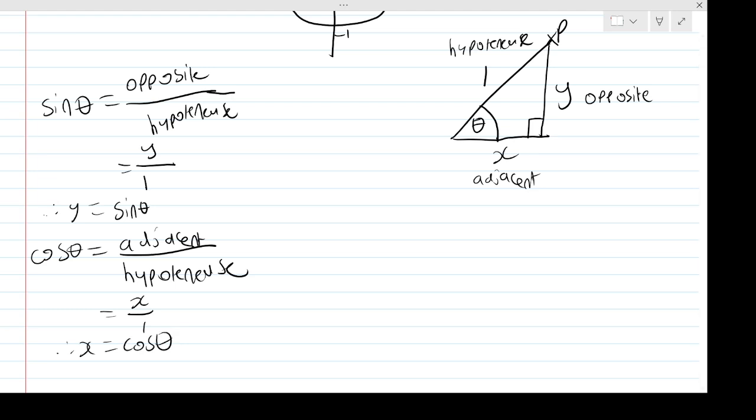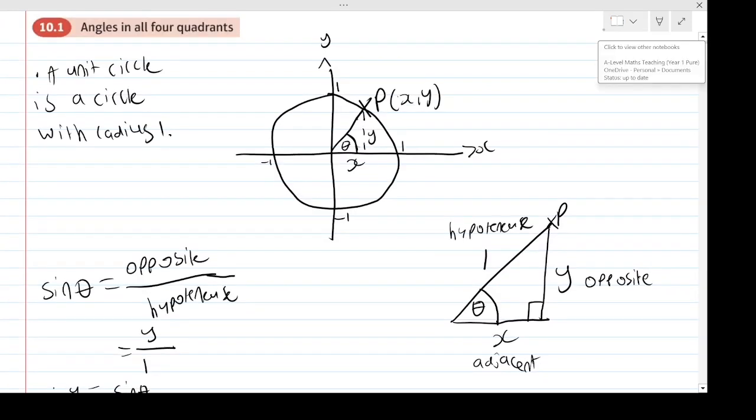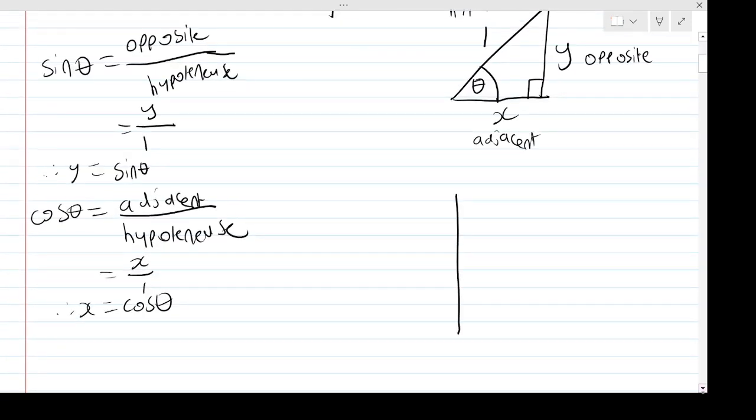Right, okay, well then we could specify more clearly that P, xy, if I redraw the circle, so we have the circle with radius 1 again, and then the point P up here.